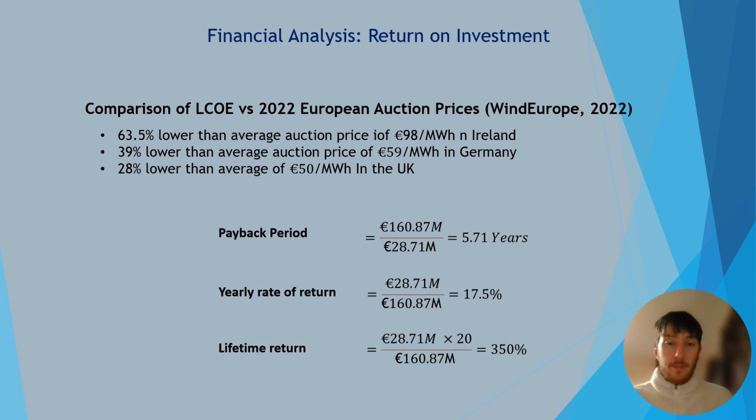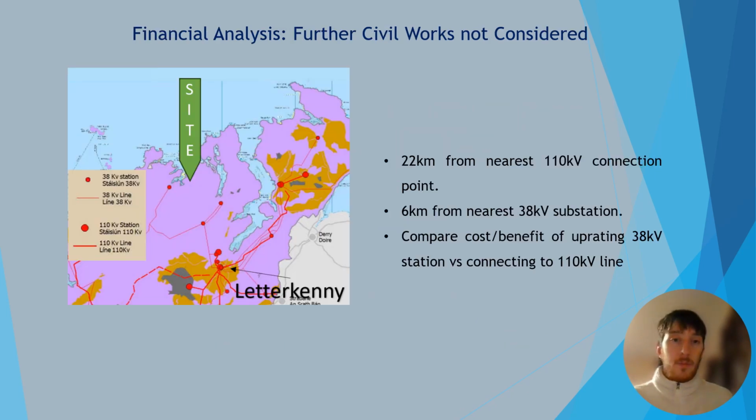Then here are some simple payback period calculations. Dividing the total capital cost by the yearly income gives a payback period of 5.71 years. That is a 17.5% yearly rate of return and a 350% lifetime return on investment.